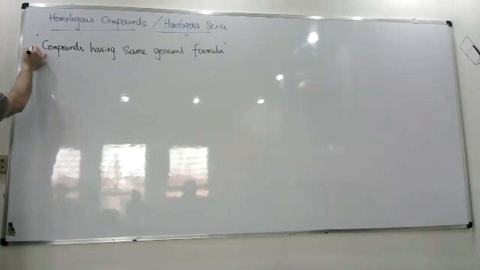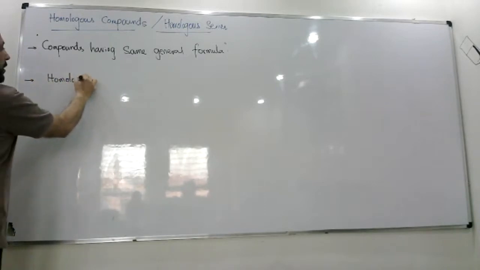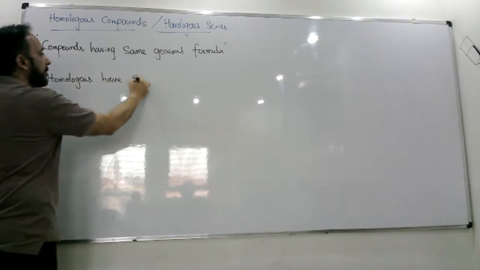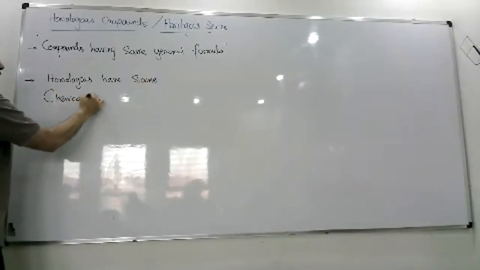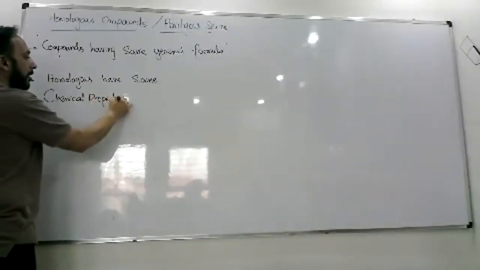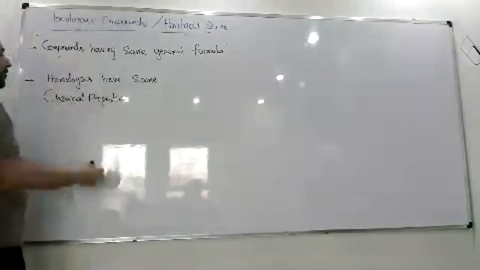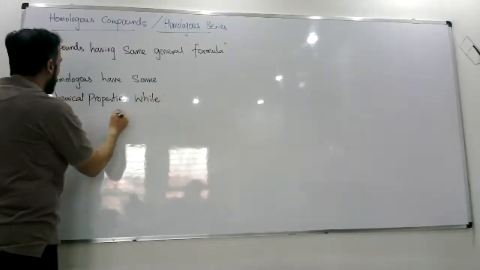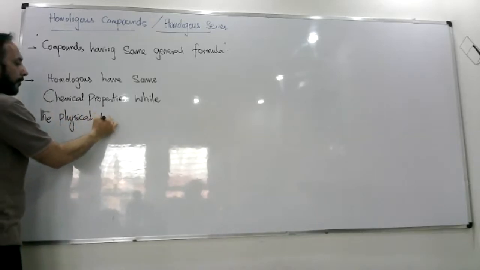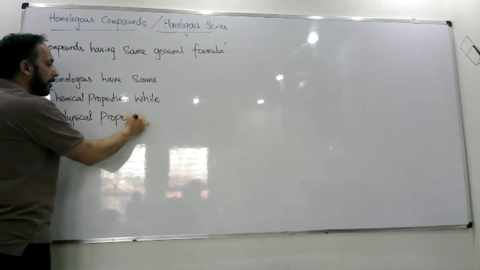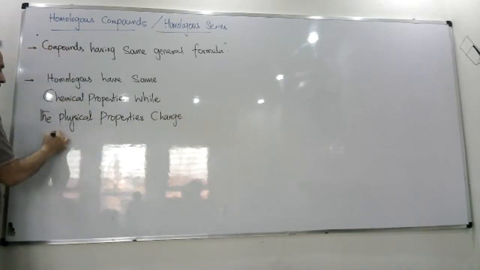That homologous compounds have same chemical properties, like the chemical properties of the homologous compounds are same, while the physical properties change gradually.